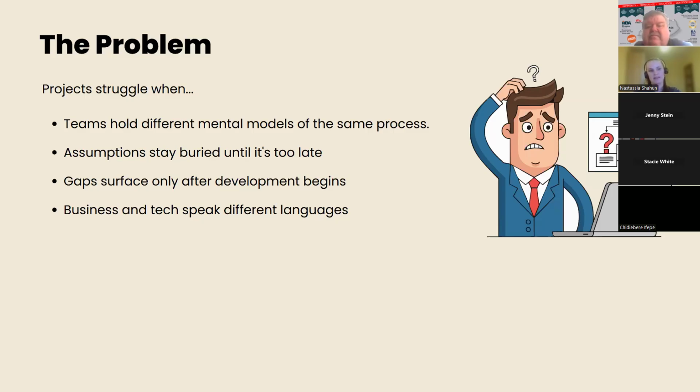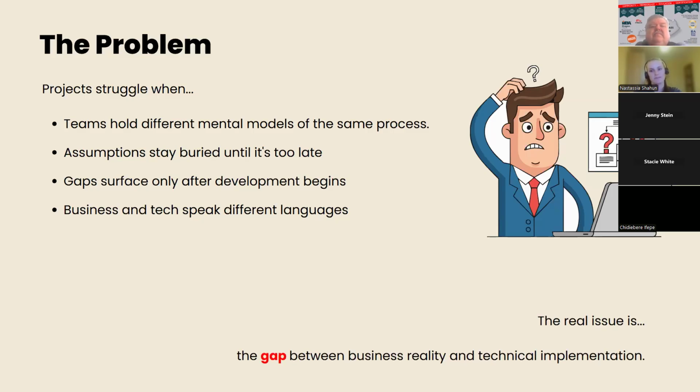The gap is between those views, because these different perspectives just stay hidden for too long. That is why issues often appear late, during delivery, the UAT phase, or implementation, when changes are much harder and more expensive to solve and to revert.